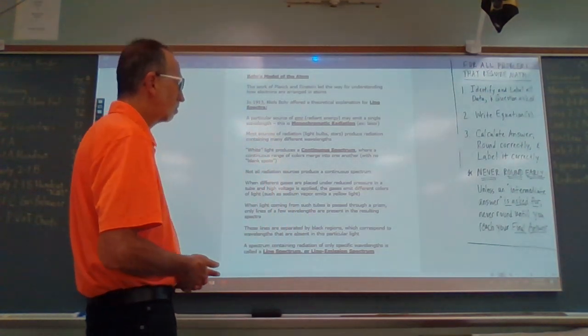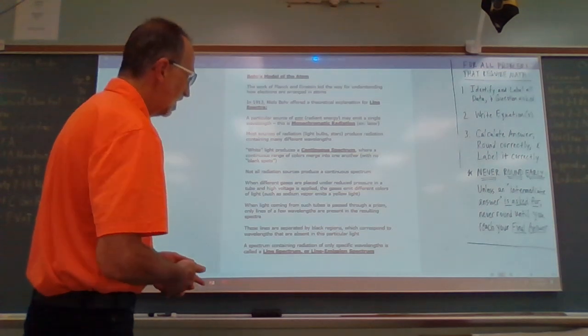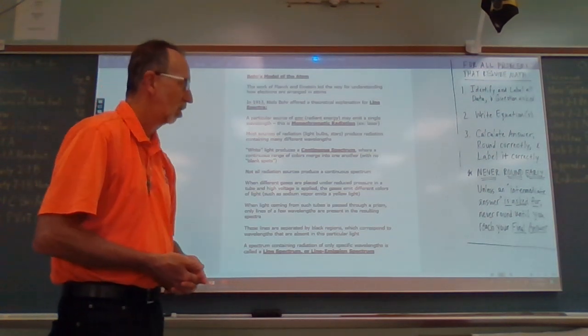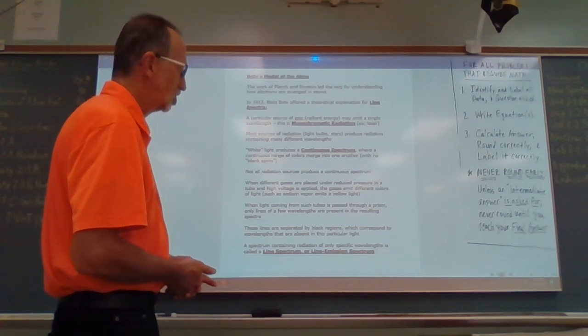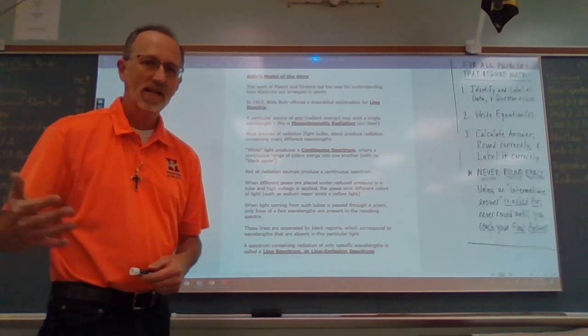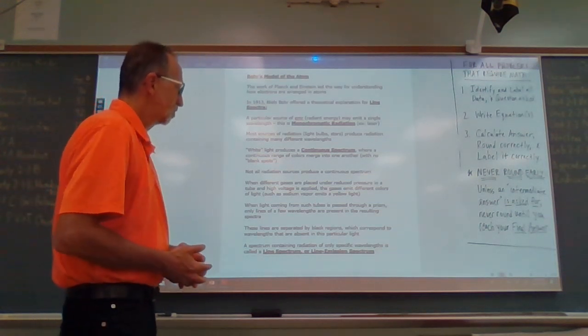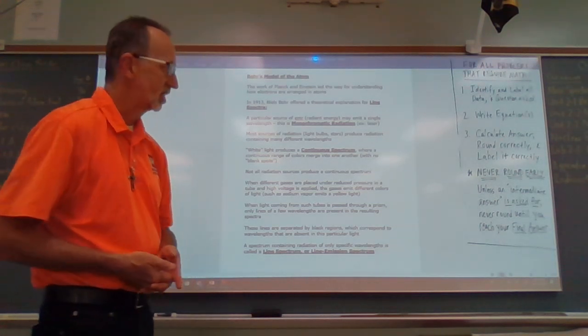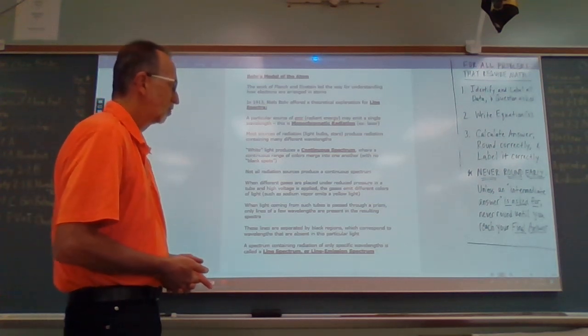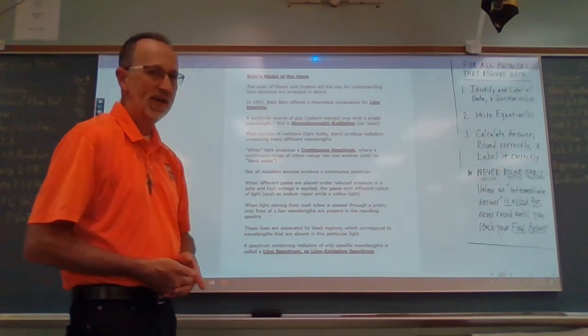All right. A particular source of EMR, radiant energy, may emit a single wavelength. This is called monochromatic radiation, such as a red laser, which only emits red light. Most sources of radiation, like an incandescent light bulb or a star like our own sun, produce radiation containing many different wavelengths.